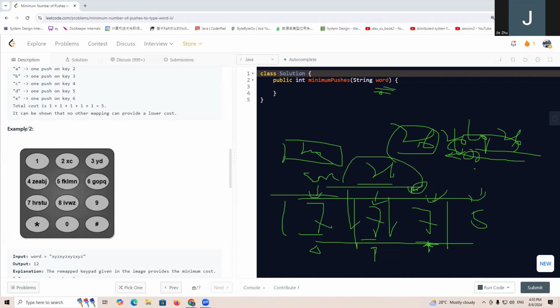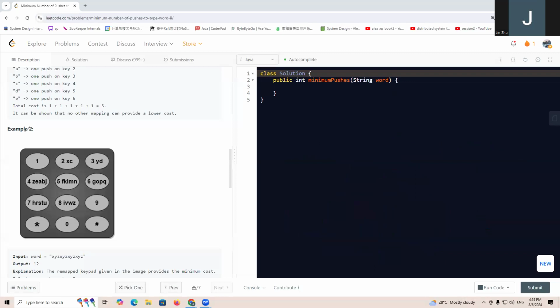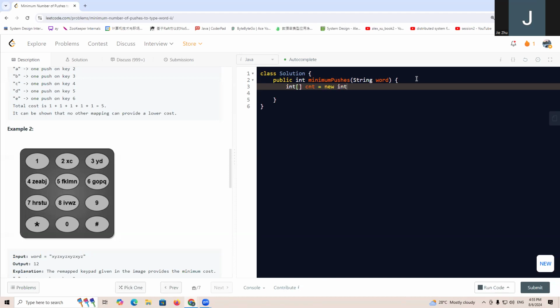So then we write code for this. We need the frequency count, a new int array of size 26.